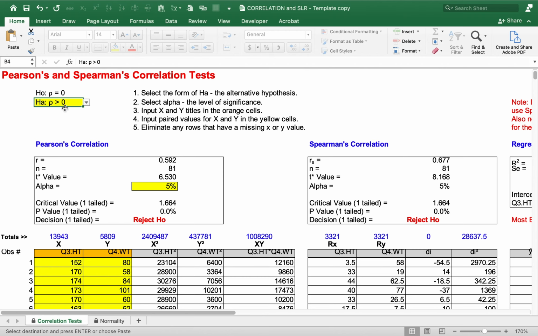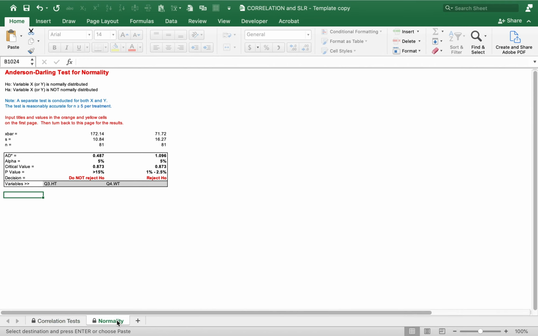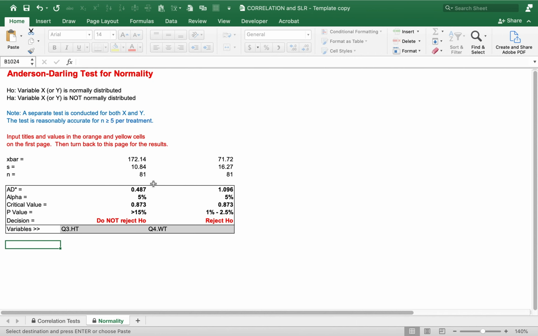All right, let's take a look at what we've got down here. It's really important that you go and check normality. So I'm going to click over here on normality and check to see if the Anderson-Darling test for normality holds.